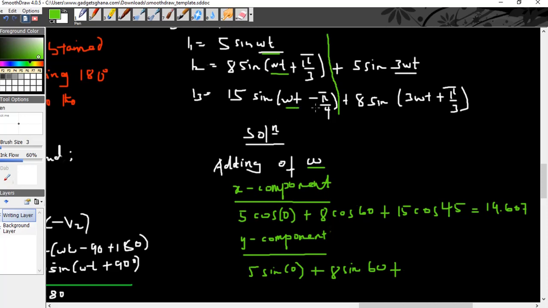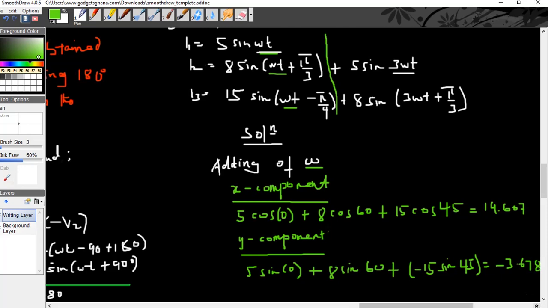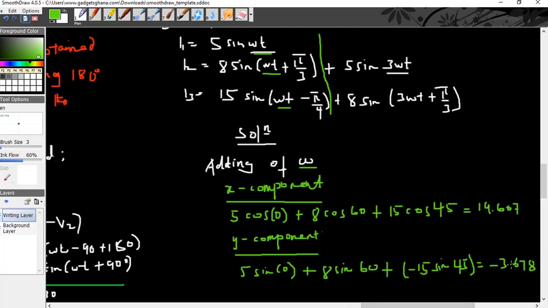Since we are using sine, this will be negative, but for cos it was positive. So we have minus 15 sine of 45 degrees. When you compute all of this, you end up with minus 3.678. When you put this on your calculator, that's what you end up with.